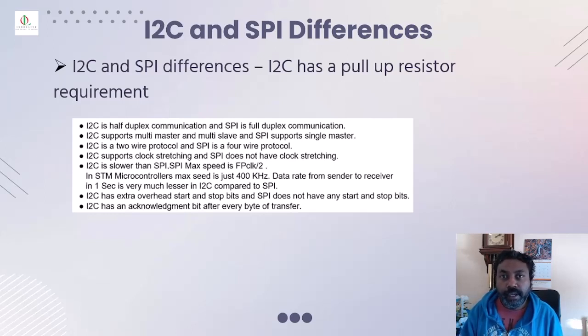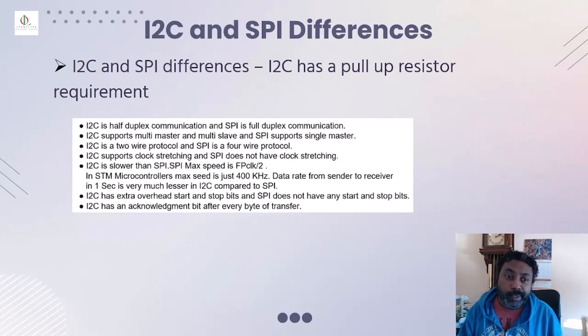If you have multiple slave devices, then the system clock can be looped and connected to the number of slave devices that you want to connect. So that's what clock stretching is, that it can be stretched to connect all the slave devices. Whereas SPI doesn't have clock stretching. Instead it has a chip select, so it needs an extra wire for that. So that's why it has slightly different settings to I2C.